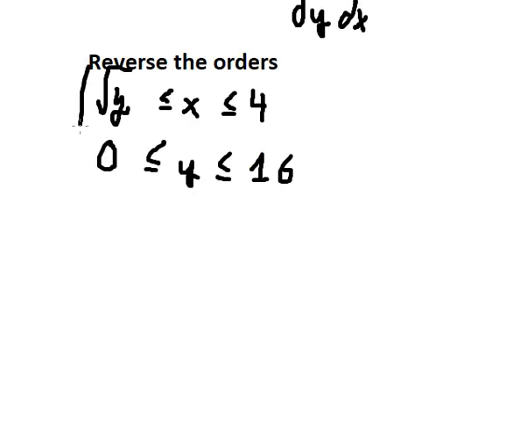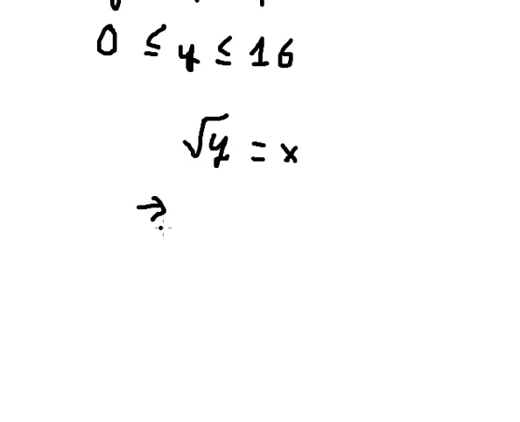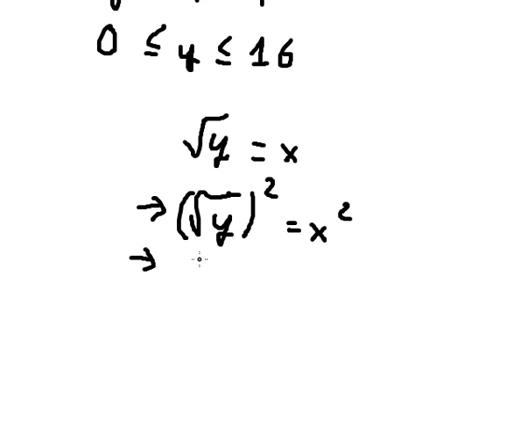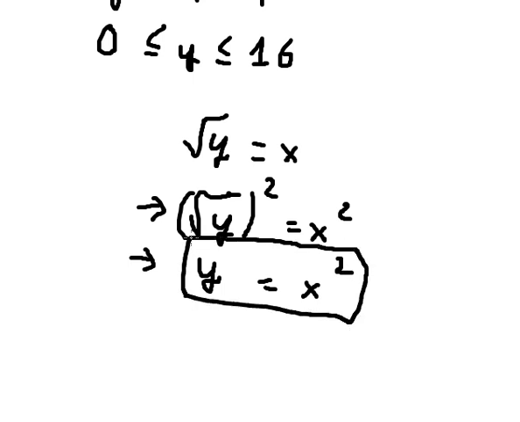And now we need to graph this one. We put the power of 2 on both sides to cancel the square root, and we have y equals x squared.